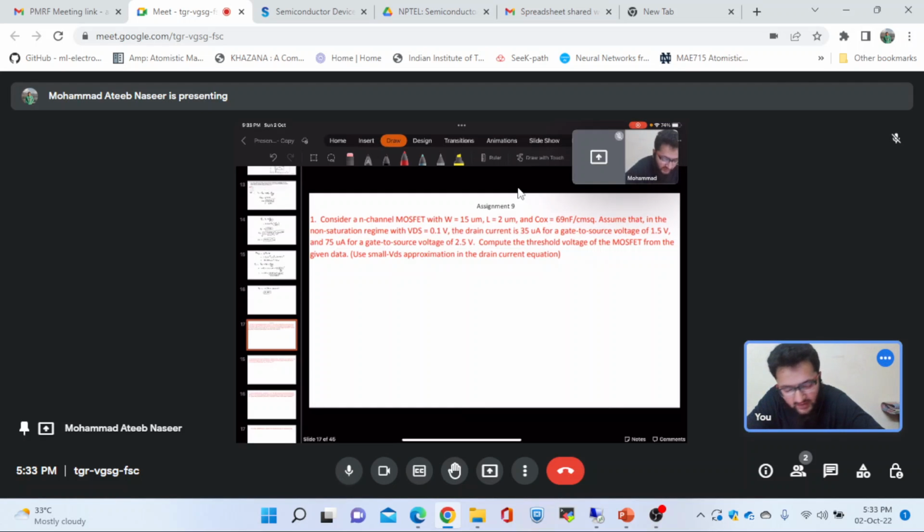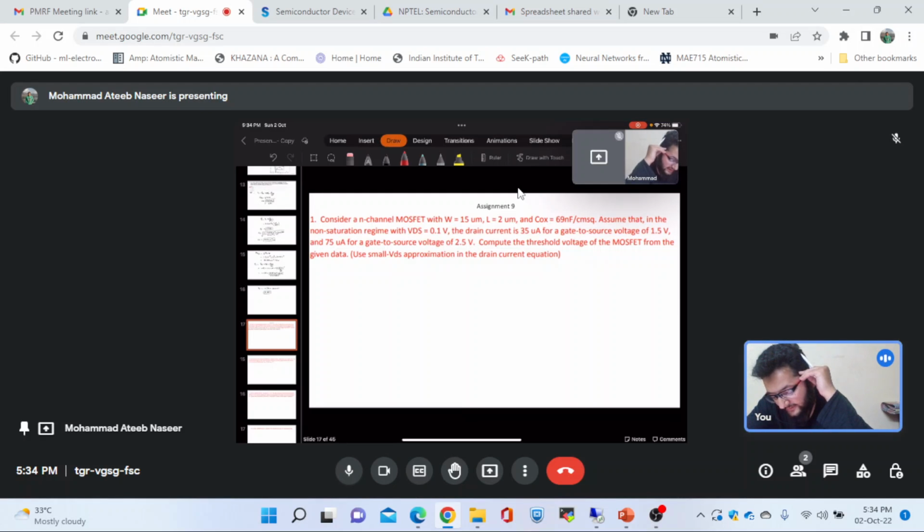The oxide capacitance is 69 nanofarad per centimeter square. We are to assume that this MOSFET is in the non-saturation regime with a low VDS equal to 0.1 volts. So this is a small VDS that has been applied.